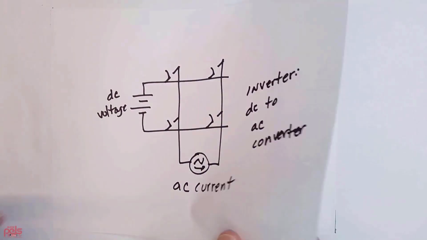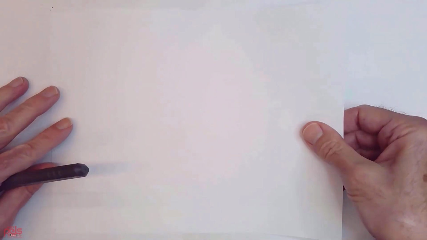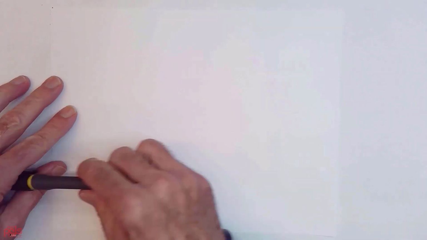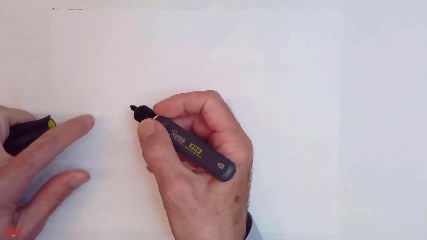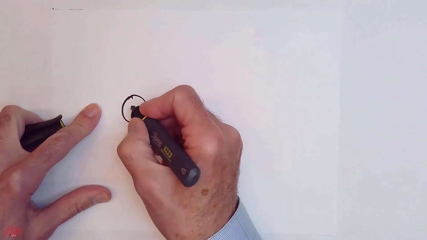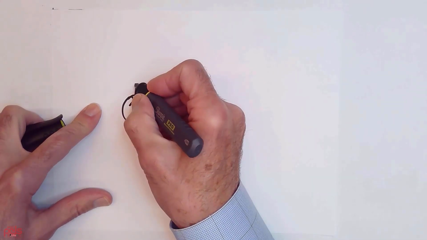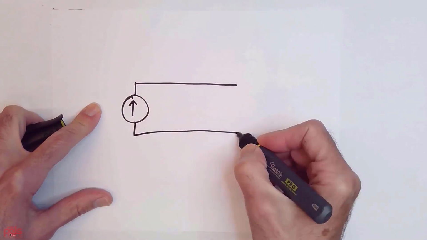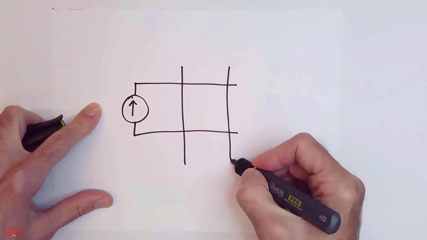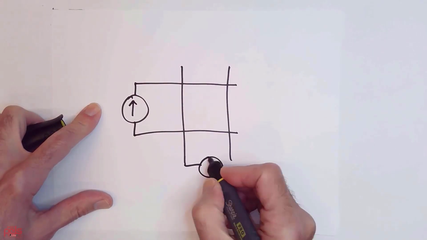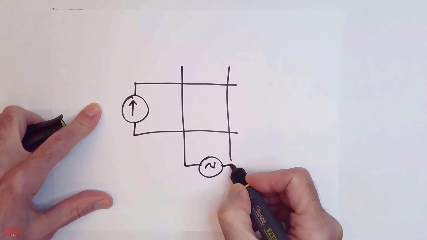And of course, I could do the dual of that, in which I have a DC current source delivering energy through a switch matrix to an AC voltage source, right?